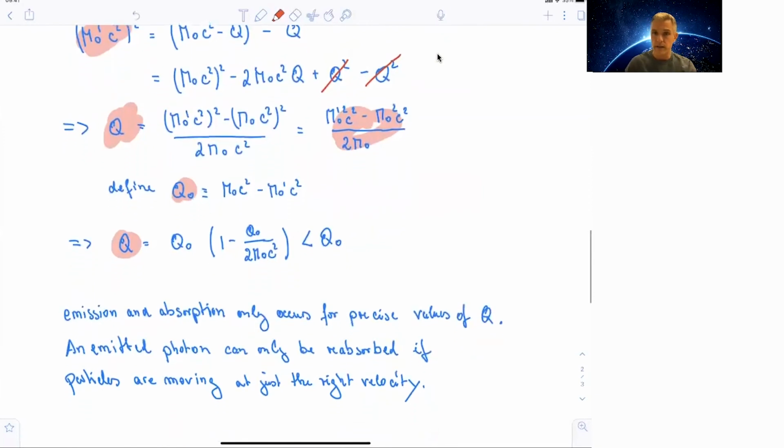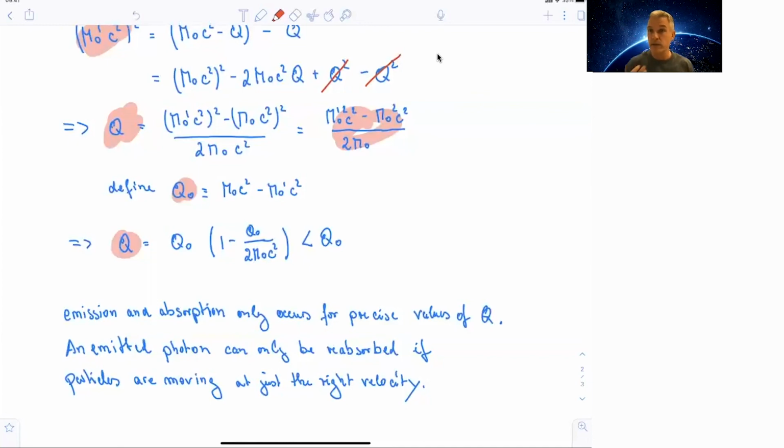So if we now analyze this and try to understand what it means, what we find is that the emission and the absorption only occur at a very precise value of the energy of the photon. It also means that an emitted photon can only be reabsorbed if the particles are moving with just the right velocity. Right? So if you're an atom and the photon goes out and your neighboring atom is just sitting there next to you at rest as you were at rest before, it is not able to reabsorb the photon.